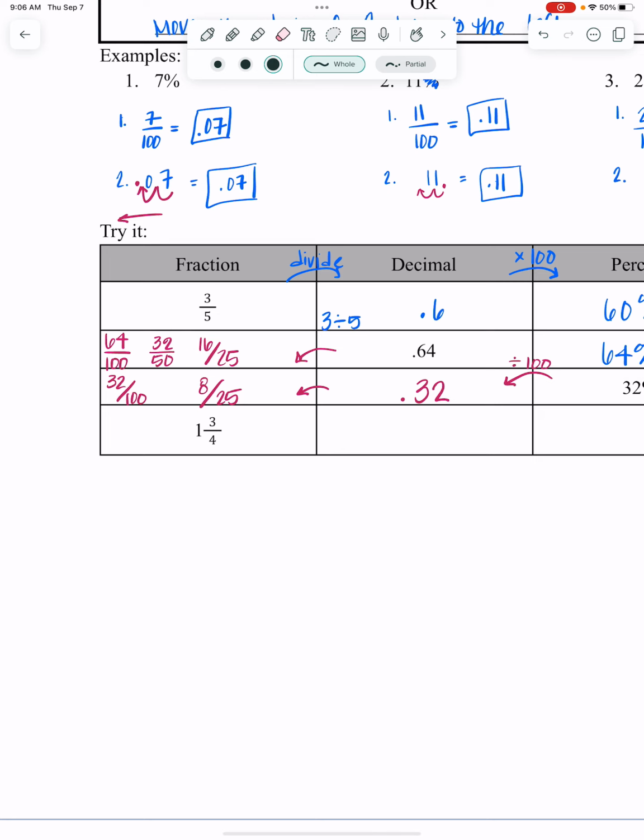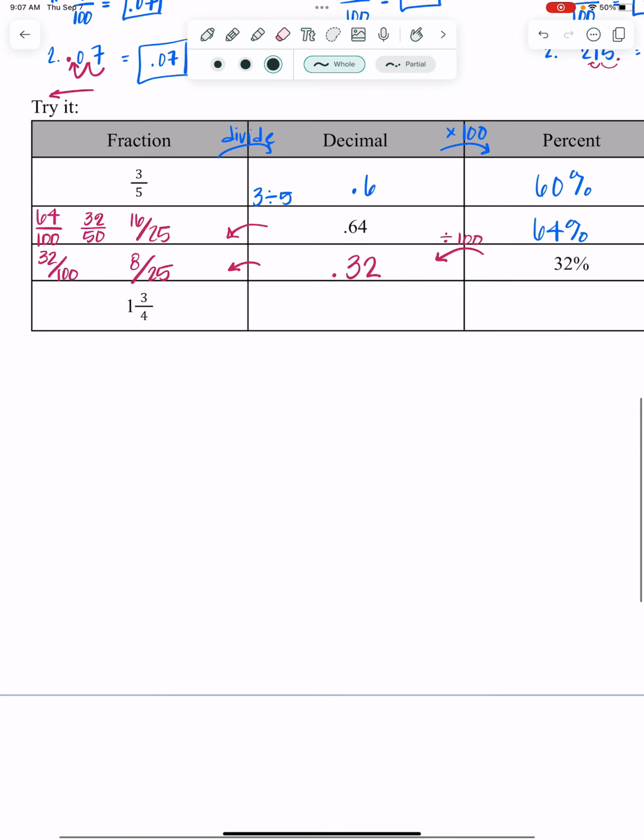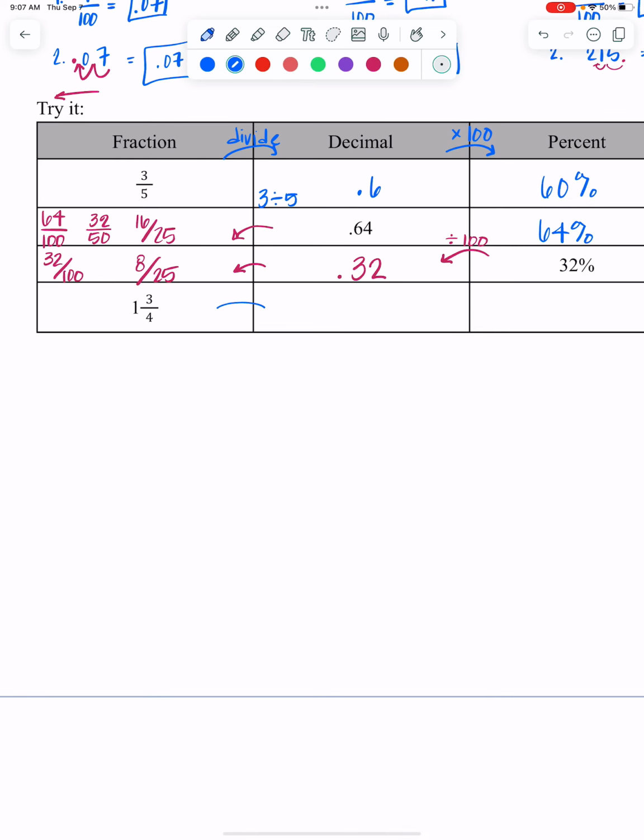The last one, I'm starting with a mixed number and I want to go to a decimal. Well, I know I need one whole in my decimal, so I'm going to start with that.